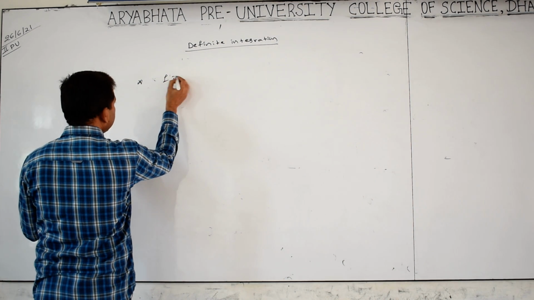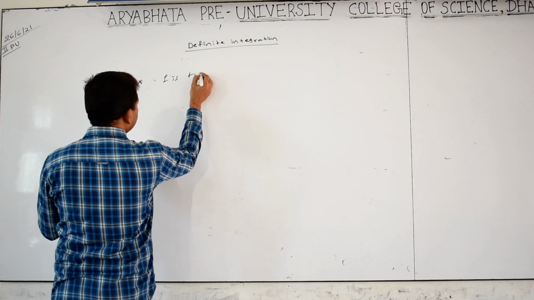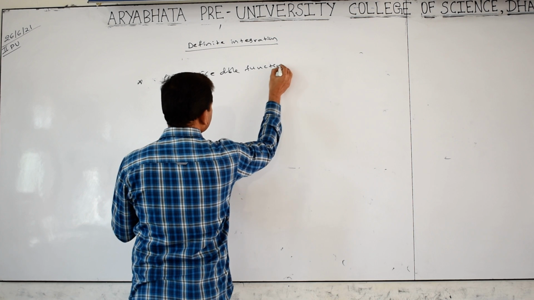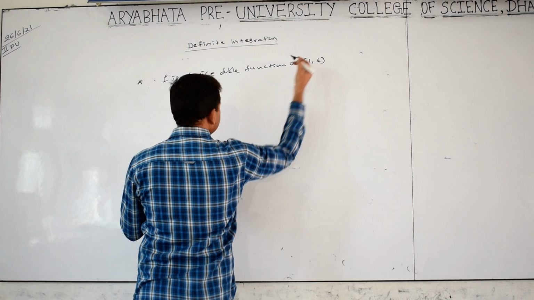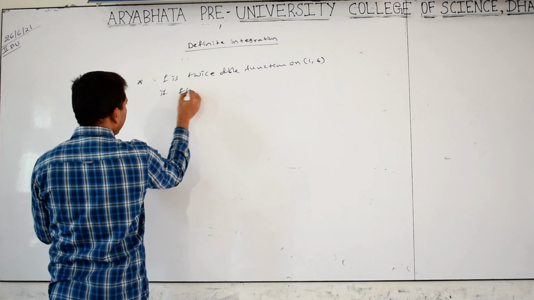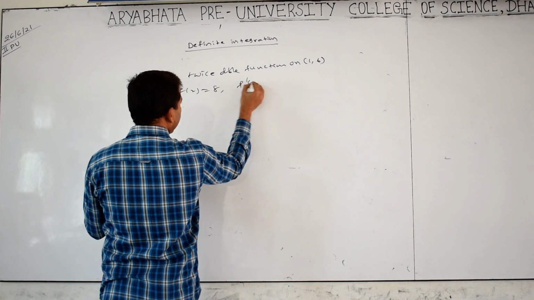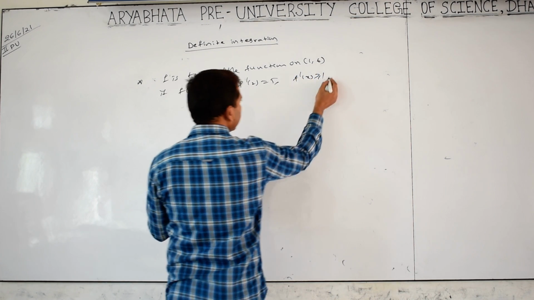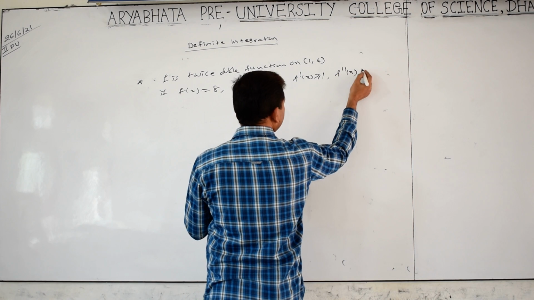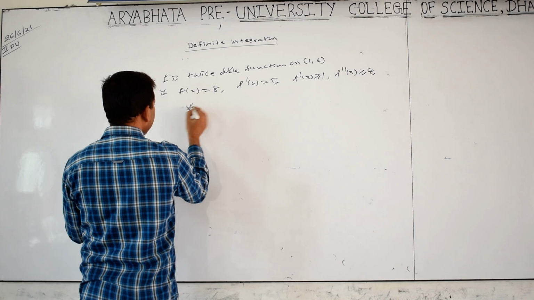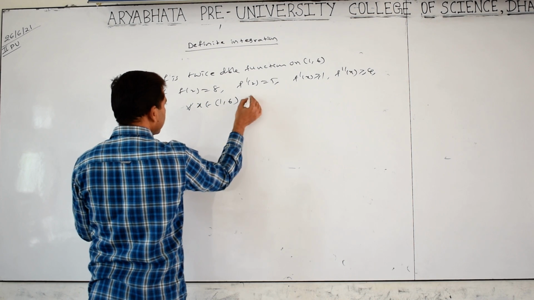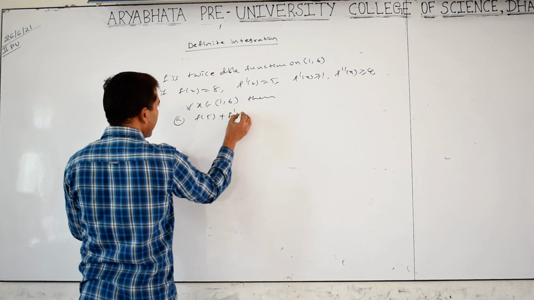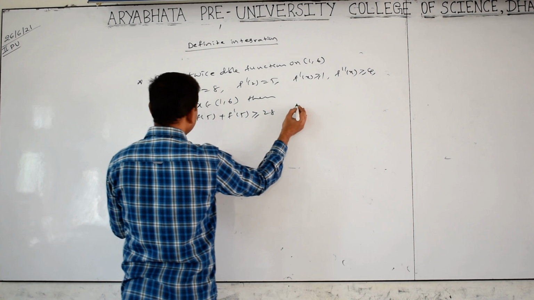Next, f is a twice differentiable function on the open interval 1 comma 6. If f of 2 equal to 8, f dash of 2 equal to 5, f dash of x greater than or equal to 1, and f double dash of x greater than or equal to 4 for all x in open 1 comma 6, then the options: A, f of 5 plus f dash of 5 greater than or equal to 28.